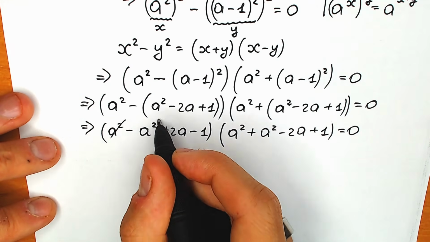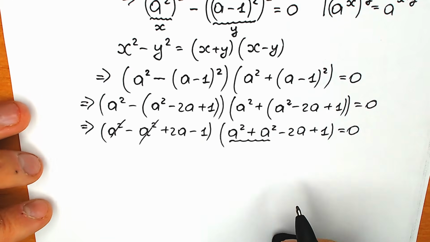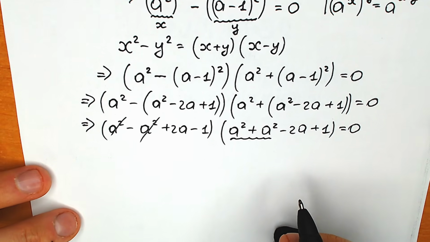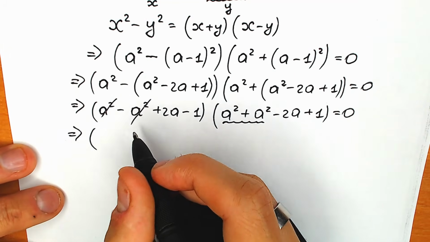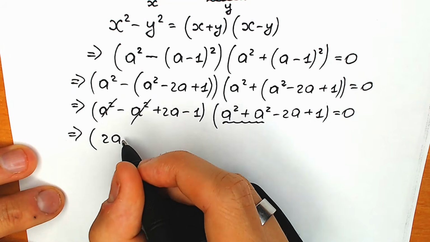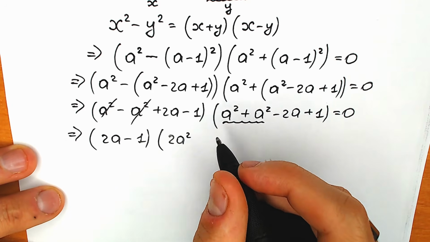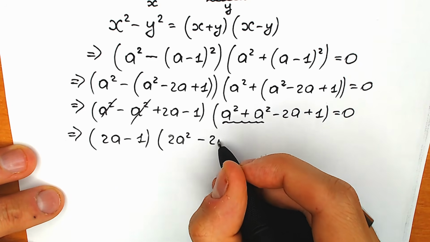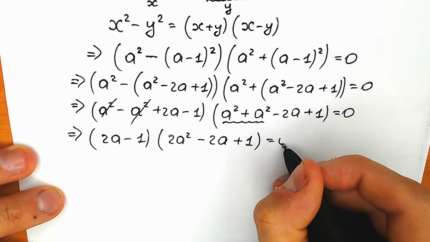A square and a square, we can easily cancel it. A square plus a square equal to 2a square. Okay, so let's continue. On the left side, we have 2a minus 1, only 2a minus 1. On the right side, we have this one, 2a square minus 2a plus 1 equal to 0.